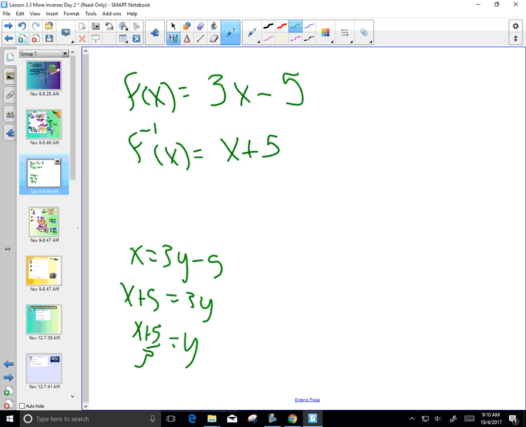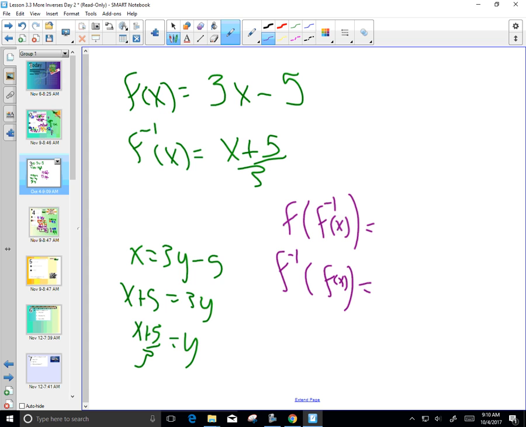How many got that? Now, I want this half of the room to do f of f inverse of x. And this half of the room do f inverse of f of x. And let's see what we get.